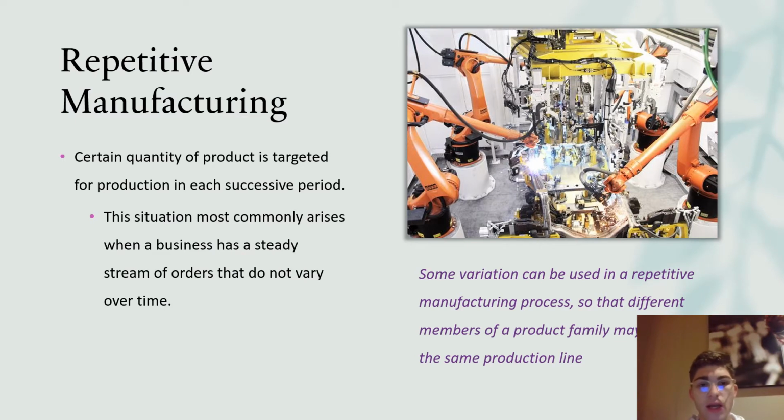A certain quantity of the product is targeted for production in each successive period. This situation most commonly arises when a business has a steady stream of orders that do not vary over time.